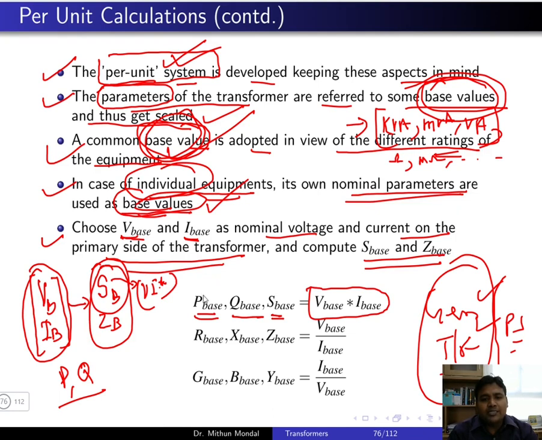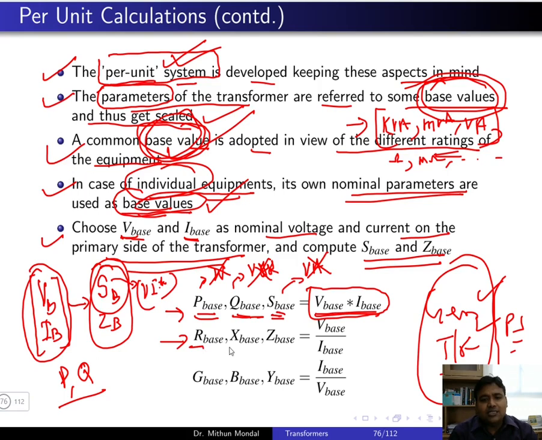The real power generally has a unit of watt, the reactive power has a unit of volt ampere reactive, and the complex power has a unit of volt ampere. We will not use these units, rather we go for a number. So P base, Q base and S base will be equal to voltage base into current base.